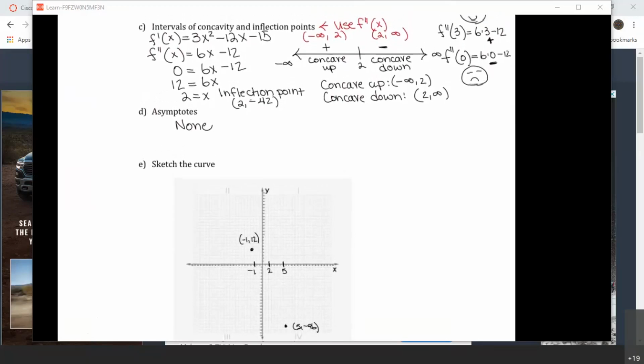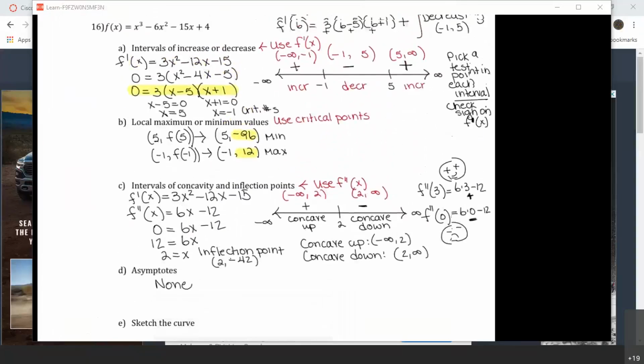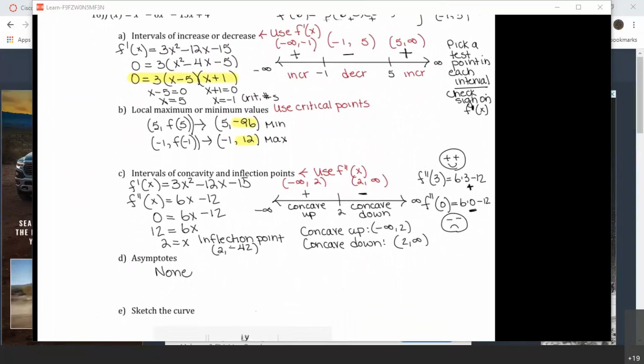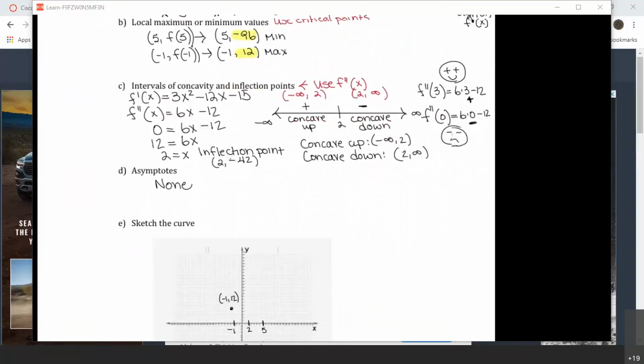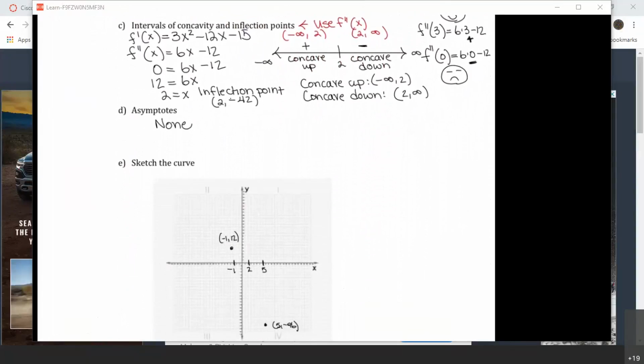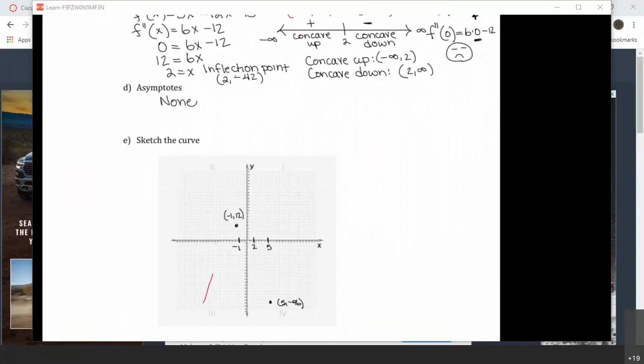Up until I get to my first critical number, the function is increasing. So it increases up to that maximum, and it must look something like this. Then it's got to decrease down to the minimum. So it's going to turn around and come down, and shift from concave down to concave up.